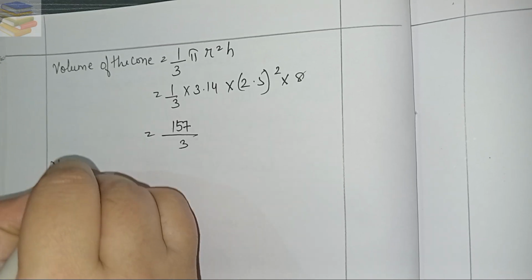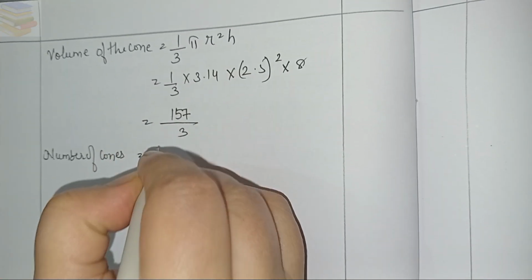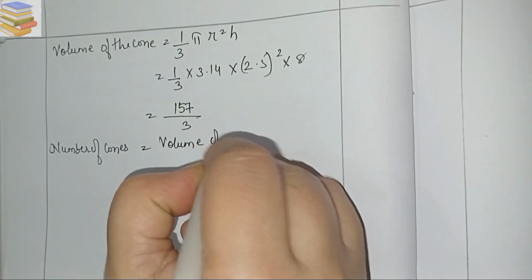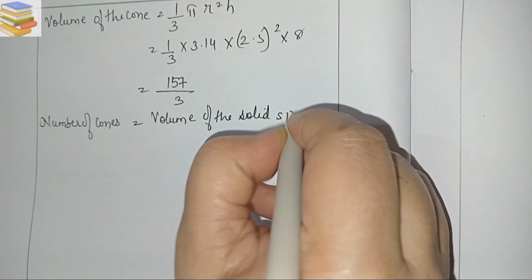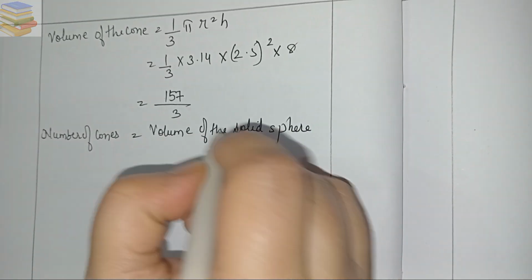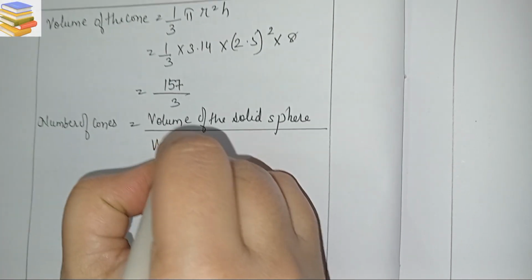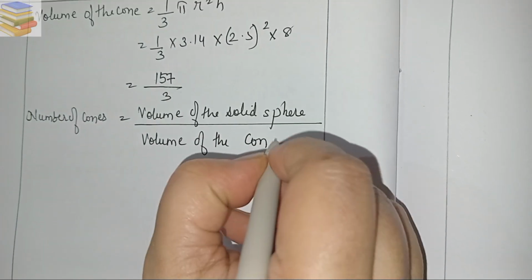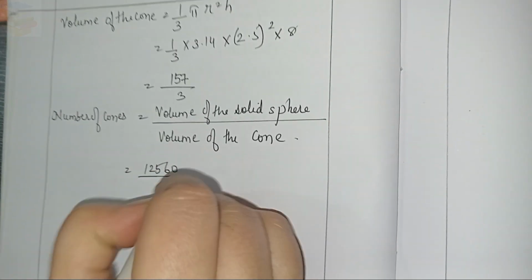Therefore, the number of cones is equal to the volume of the solid sphere over the volume of the cone, 12560 over 157 over 3.